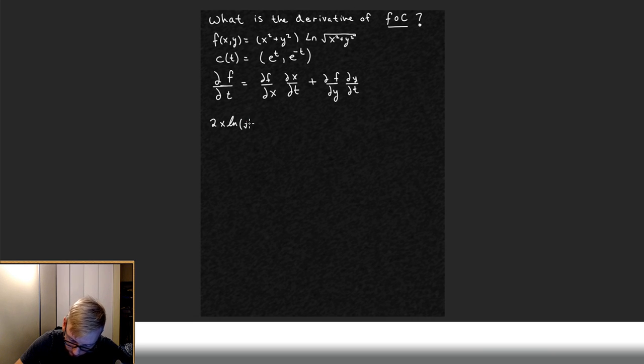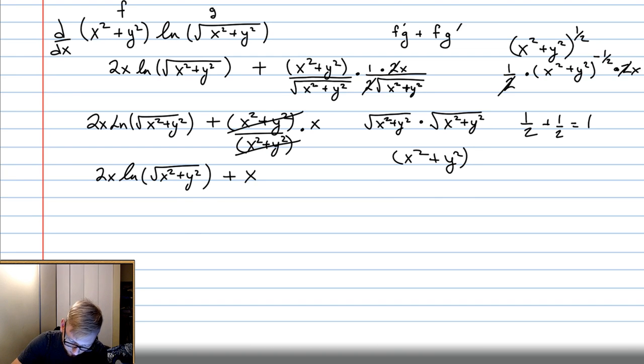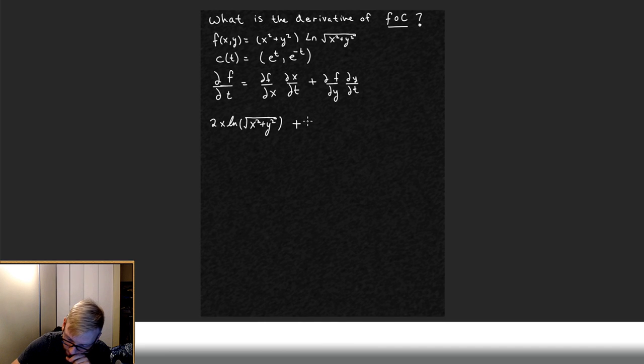You've got to write that in there. Square root of x squared plus y squared. And then we're going to add x. Okay, and now the second part. What is the derivative of x, which is the first component, with respect to t? Derivative of e to the t is just e to the t. And this is just multiplied by e to the t.